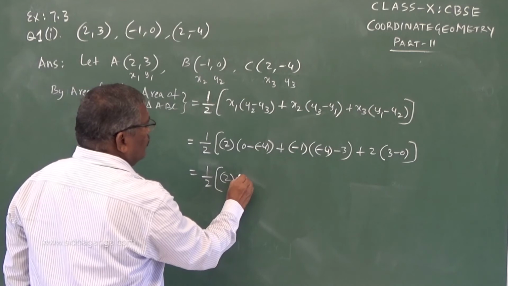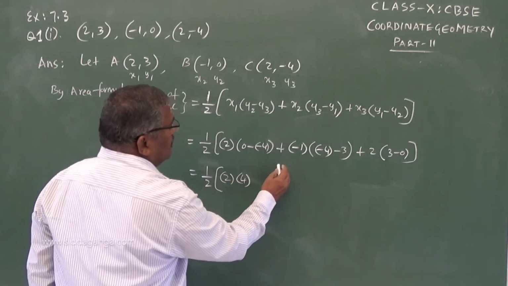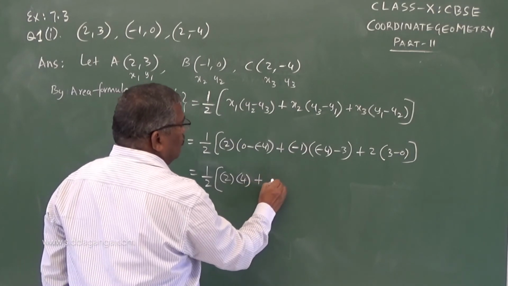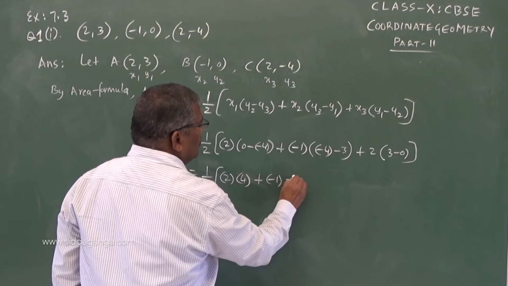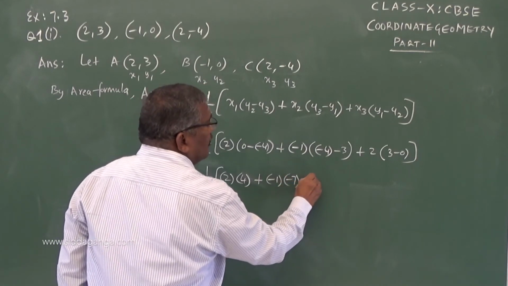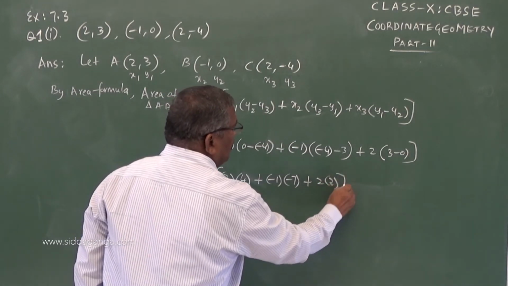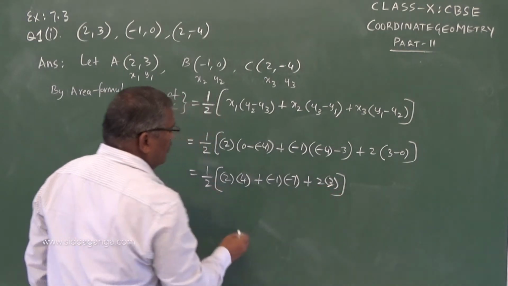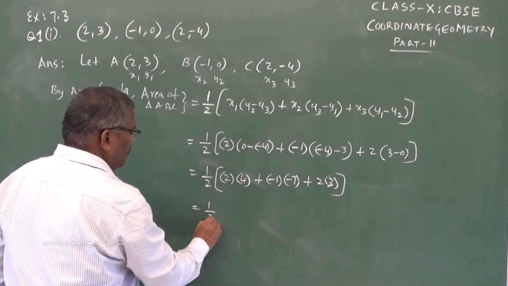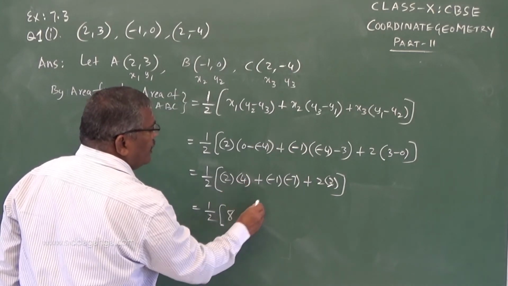So this equals 1 by 2 into minus of minus 4 is plus 4, 2 into 4. And we'll write one more step, minus 1, keep it as it is. Minus 4 minus 3 is minus 7. Plus 2 into 3. So this is 1 by 2 into 8, 2 into 4, 8.